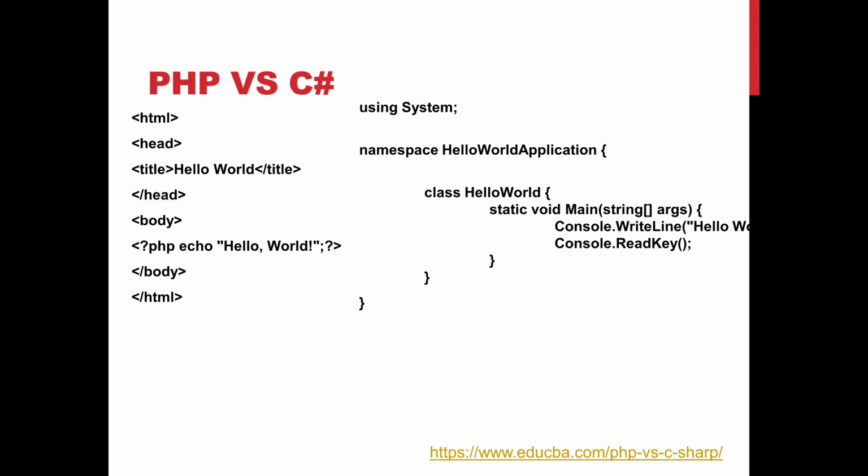So that's really where PHP and C Sharp are going to be like apples and oranges. You can see we have a semicolon at the end of the line, and we have curly braces. I don't think curly braces showed on the PHP program, but if you know PHP, it has curly braces. It's going to have a syntax that you're going to be pretty familiar with and pick up real quick.